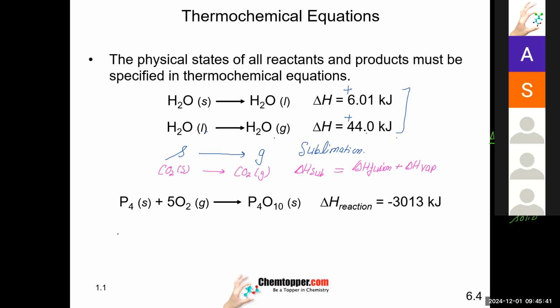This is liquid here. And liquid to gas is delta H of vaporization. So from this diagram, can I say delta H of sublimation is delta H of fusion and delta H of vaporization? This equation you can use only on the substances which are going to undergo sublimation.